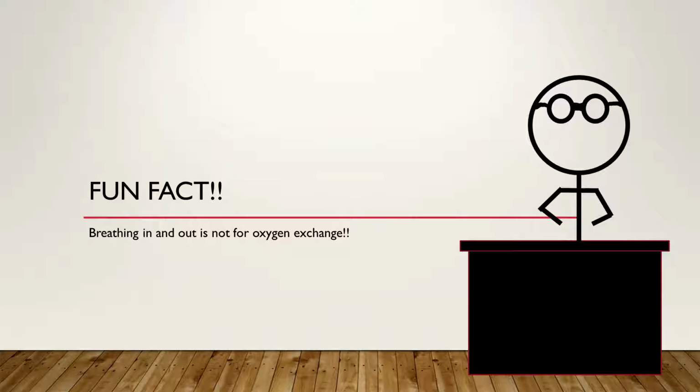This occurs because there's diffusion of and a gradient for oxygen flow from the end of the endotracheal tube down to the alveoli, and then diffusion alone is sufficient to allow oxygen exchange to occur.